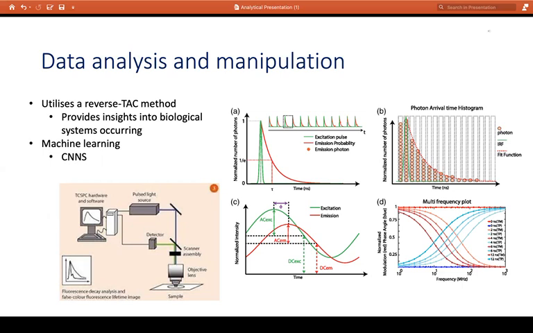Currently, the main one used is called convolutional neural networks, which rapidly calculate fluorescence lifetimes of the fluorophores and make highly accurate predictions on the dynamics of fluorophore lifetimes within biological features.